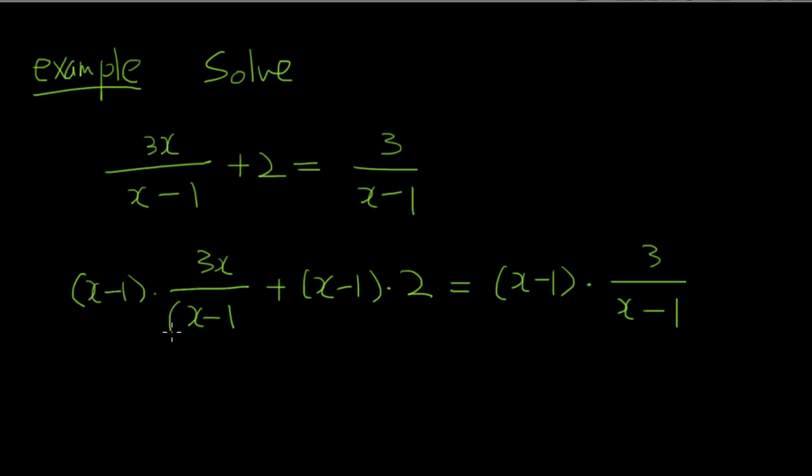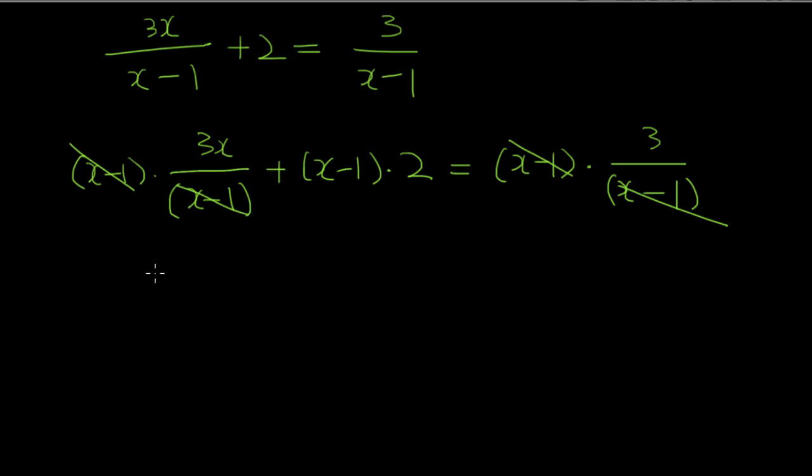Technically you can put these in parentheses too. So these cancel, nothing cancels here, and this cancels. So this becomes 3x, right? Just this 3x. Let's multiply these two in, then that becomes 2x minus 2 equal, here everything cancels except this 3.